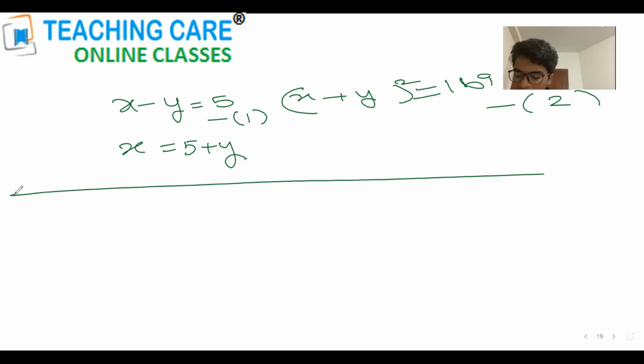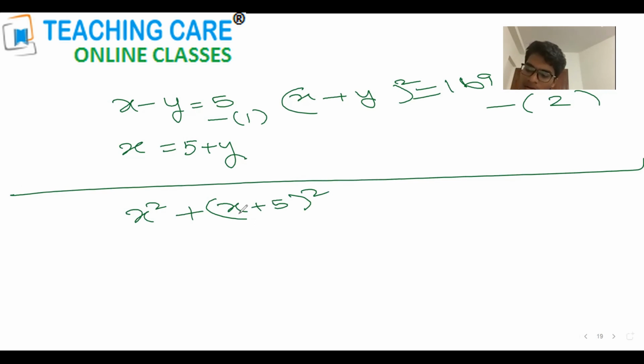My equation is x square plus x plus 5 whole square. But they're not saying each square. They're saying sum of their squares, not squares of their sum. In the previous question, it was sum of their squares.